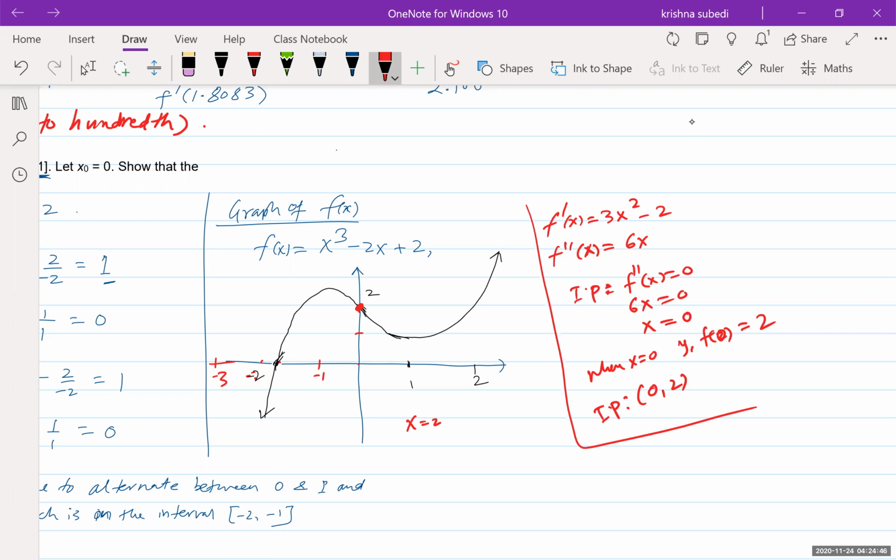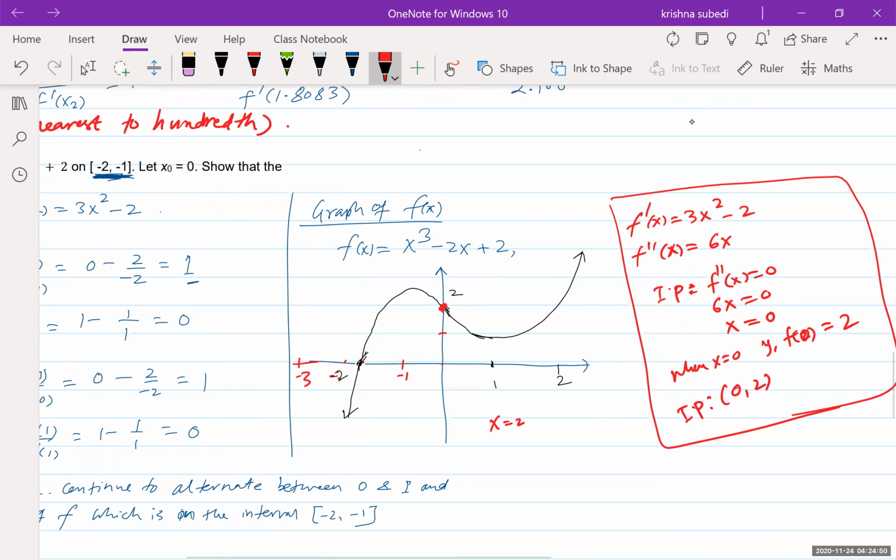That's what is happening, because when x equal to 0, this is the inflection point, and you don't want to choose that value.